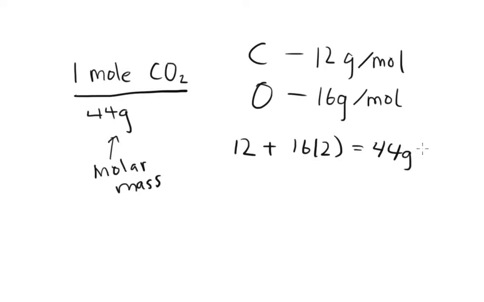That's how you get molar mass. 1 mole of carbon dioxide is 44 grams. This is another conversion factor that we can use. So with those two conversion factors, we can get started on how we use stoichiometry.